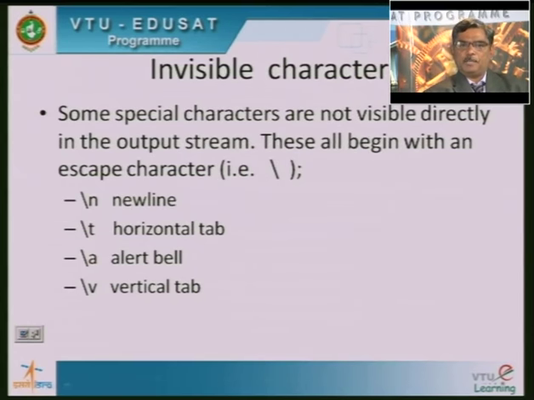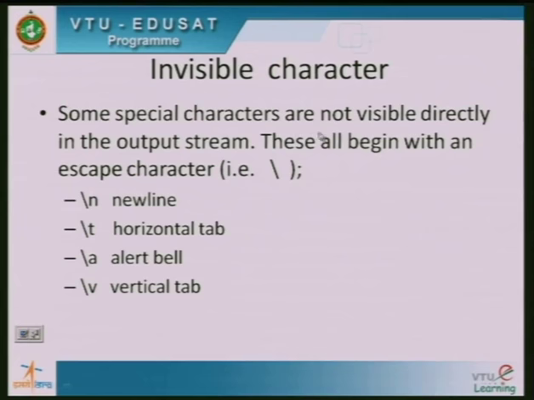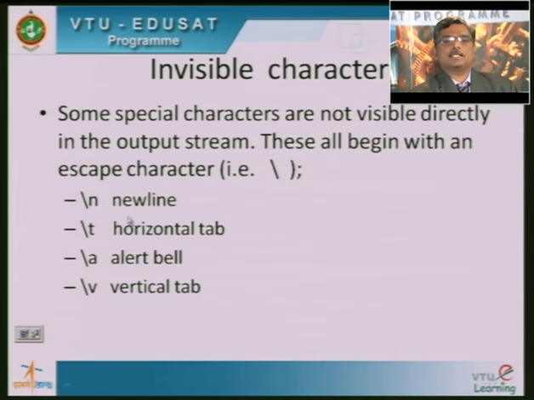So in the program you observed, I used \n. These sequences are called escape characters. Some special characters are not visible directly in the output stream. These all begin with a sequence called the escape character, the backslash. That is the symbol you observe. \n refers to go to the next line. \t refers to eight spaces, that is a horizontal tab.